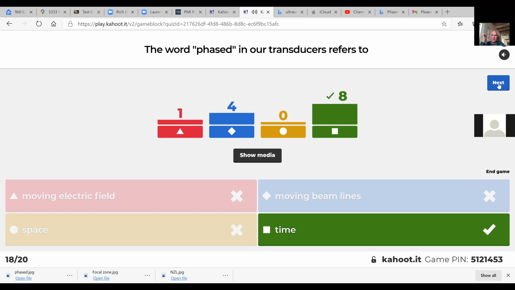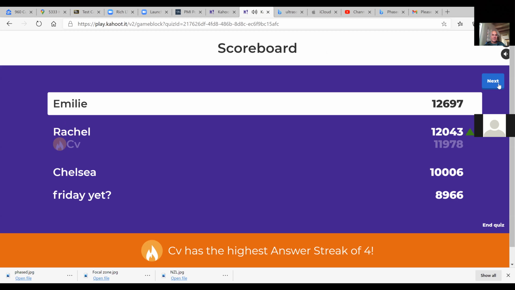Moving beam lines, it's a little different. Different word for that. Timing is everything in phasing. So when we have slight time differences from outside to in, from right to left, for focusing and steering, that is all timed.